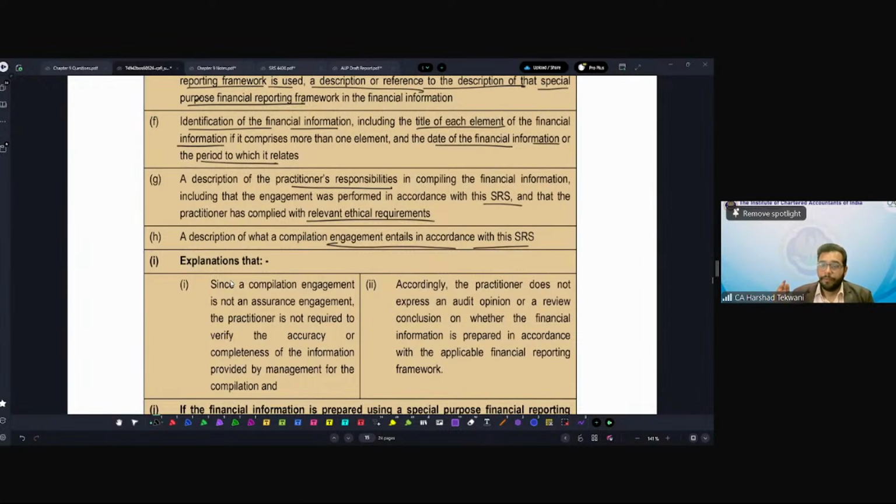This is not an assurance engagement, so we are not here to verify the accuracy and completeness of the financial information. And second, this is not an audit opinion or a review or a conclusion. The practitioner does not express an audit opinion, review, or conclusion on the financial information. You have to specify these things. These are the minimum requirements.